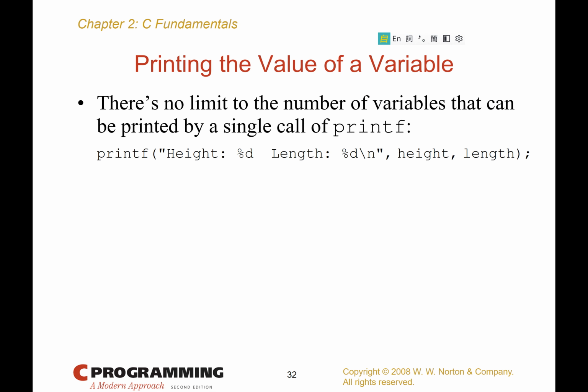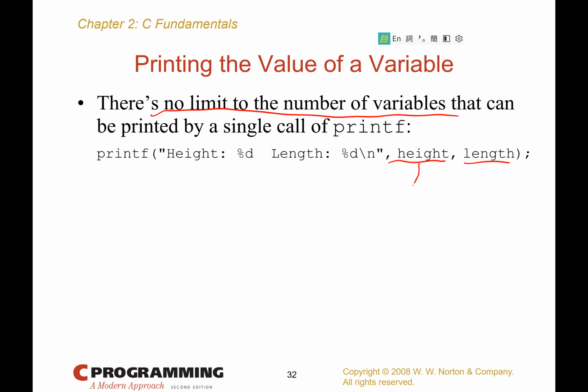There is no limitation on how many variables you are going to print in one printf statement. So in here we have two variables. One is height, one is depth.